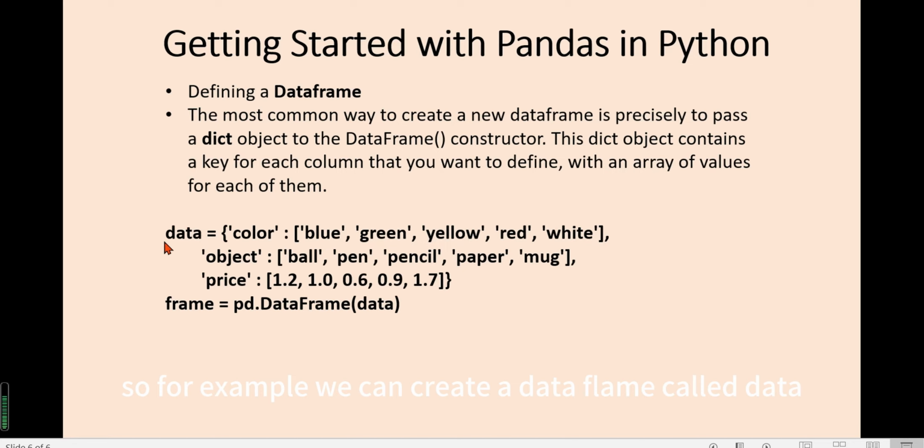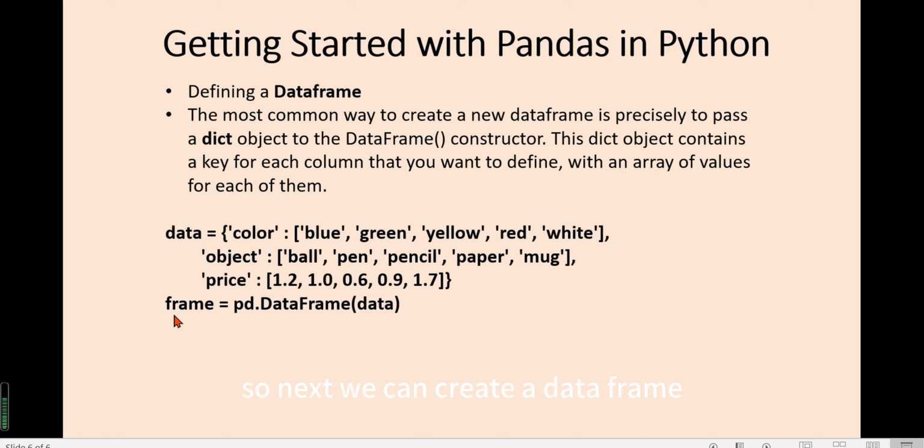For example, we can create a dictionary called data, and this dictionary has 3 key-value pairs. The first key is color, and the value is a list with 5 values. The next key is object, with its values, and the third key is price, with 5 values.